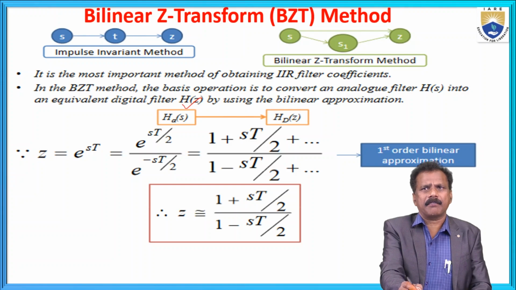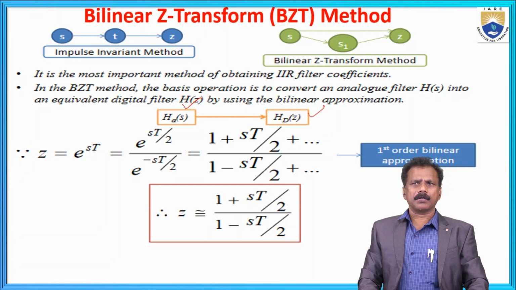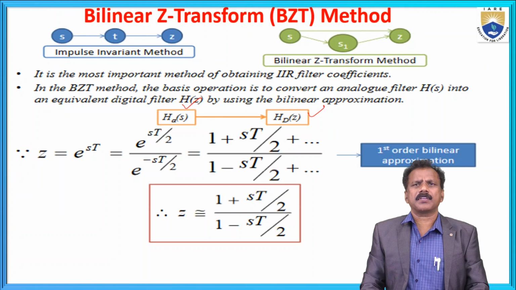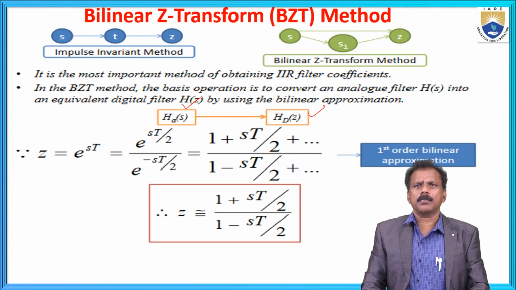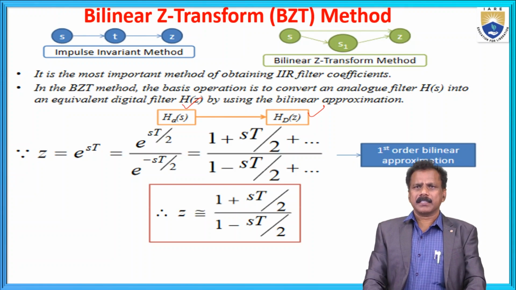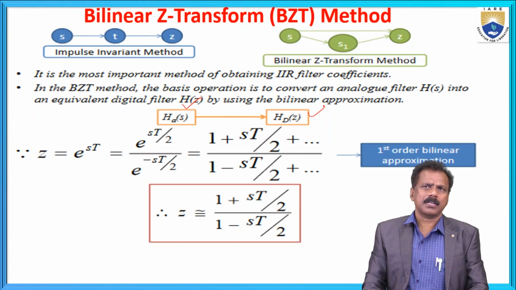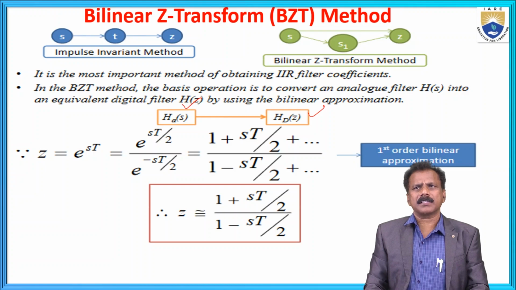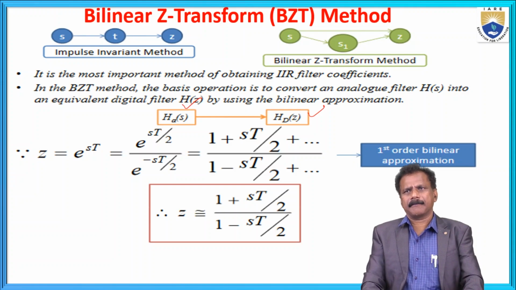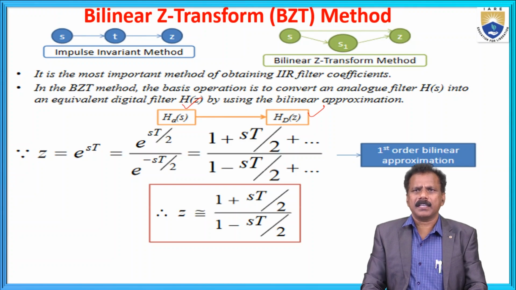s, H_d of s, where z is equal to e power sT, which is equal to e power sT by 2 over e power minus sT by 2, which is equal to 1 plus sT by 2 and so on, by 1 minus sT by 2 and so on. We can consider this the first order bilinear approximation. Therefore z is approximately equal to (1 plus sT by 2) by (1 minus sT by 2).